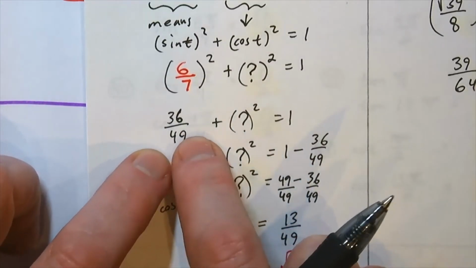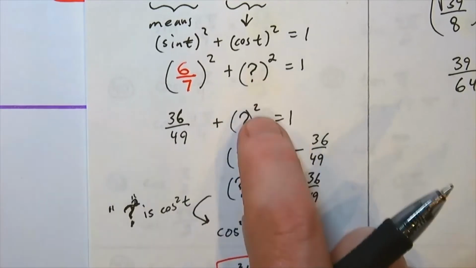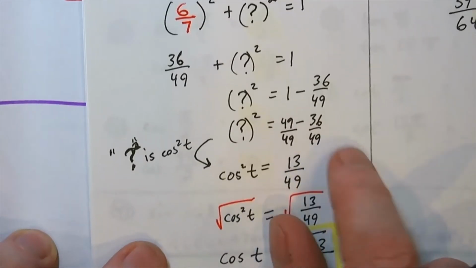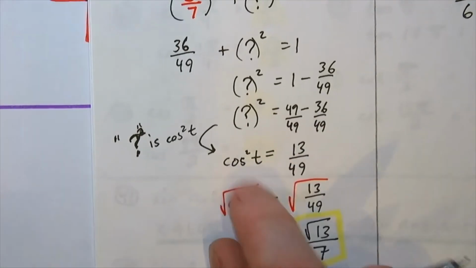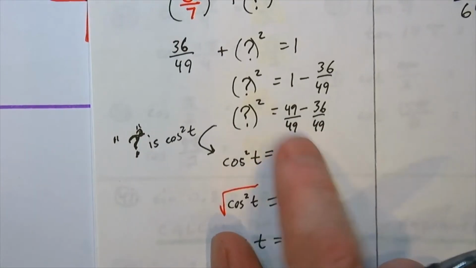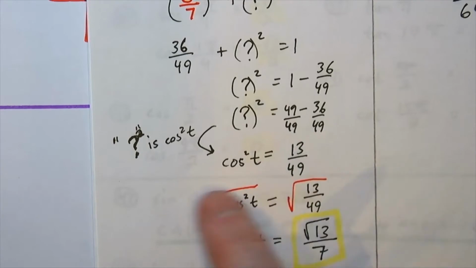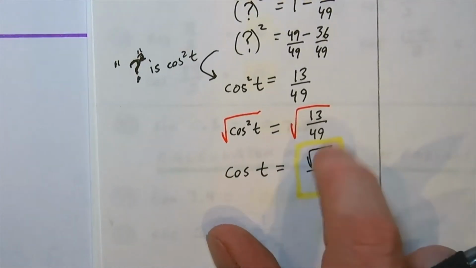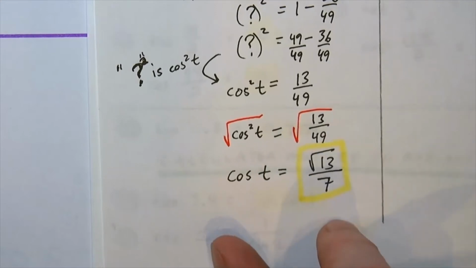I squared that. And try to solve, get this by itself, right? Move that to the other side, did a little fraction work, and I got that. And then the cosine squared is 13/49, so I hit square root. The square root of 49 is 7. So you can guide your way through it.